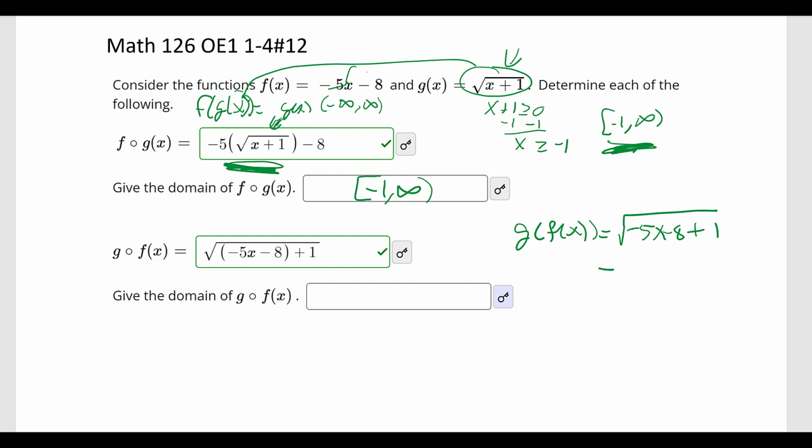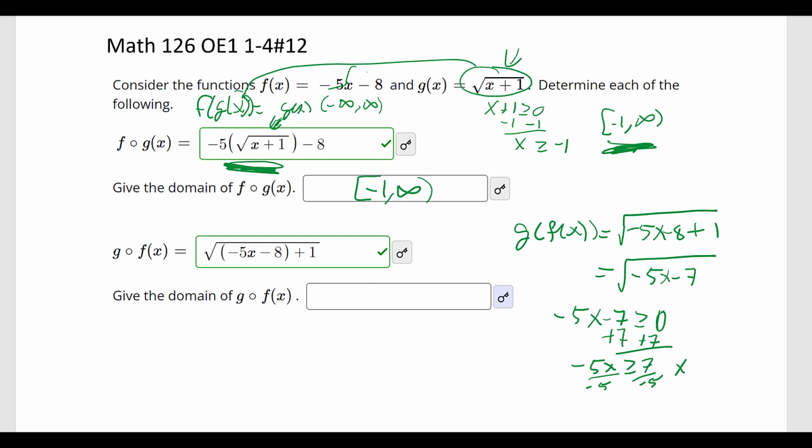So let me simplify this a little bit. That's going to be the square root of negative 5x minus 7. So we take that negative 5x minus 7, and we make it greater than or equal to 0. And we add 7 to both sides. So negative 5x is greater than or equal to 7. And we can divide by negative 5.